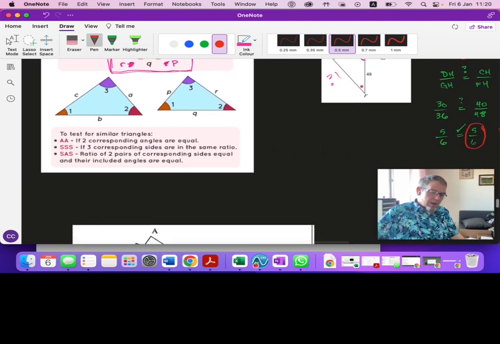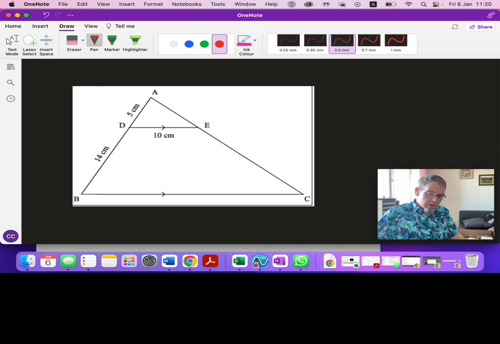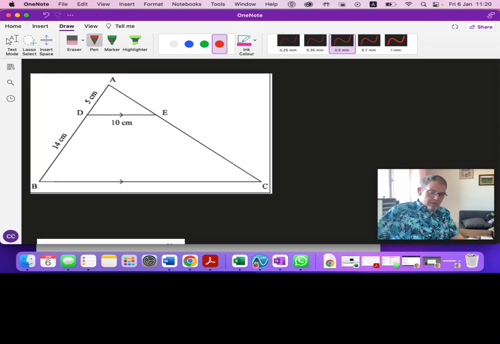Now let's see if we can look at another one before we go away here. Okay, wowza. Looking at this right here, I definitely have two triangles. There's the small itty bitty one. The small triangle is ADE, and my large triangle is triangle ABC.